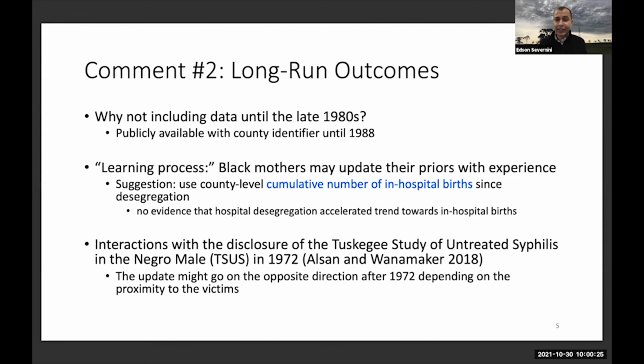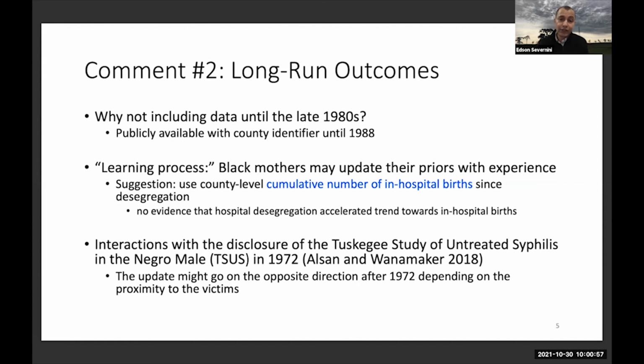Also, for example, after the disclosure of the Tuskegee experiment, there might be some variation in whether the update goes downhill or not. Marian and Marcella had this amazing paper, and they show that infant mortality is going downwards for both Black kids and in child mortality at the time, but there might be some differences here based on the intervention.